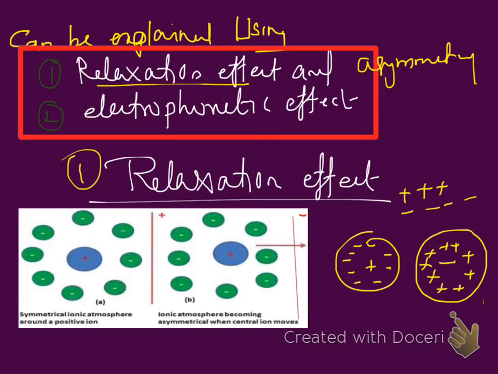So when we apply electric potential for electrolysis, what actually happens? The positively charged electrode is the anode, and the negatively charged electrode is the cathode. Positive ions move towards the negatively charged electrode. At the same time, all the negatively charged ions move towards the positive electrode.